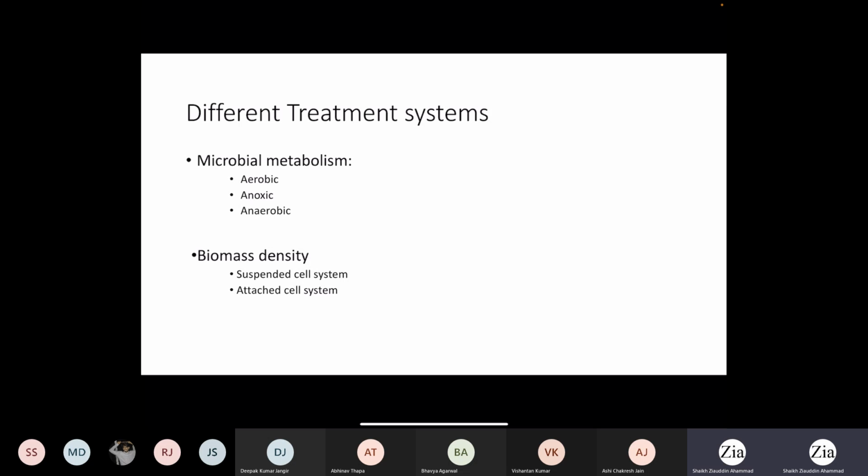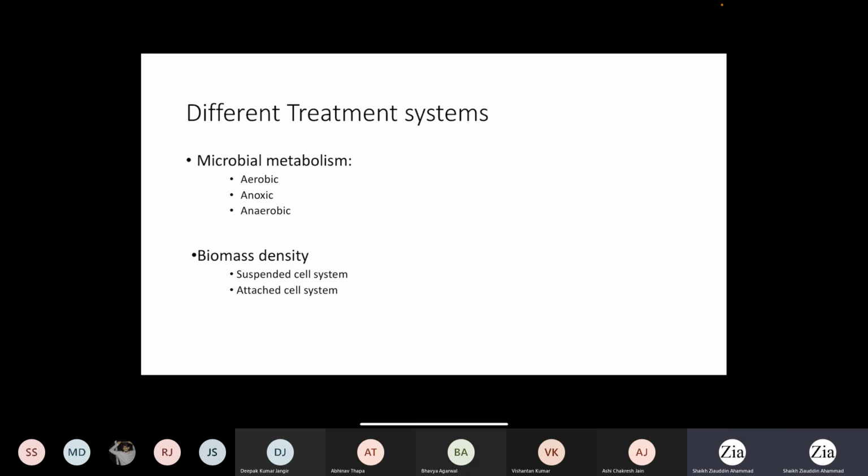To get this biomass concentration, you have the option to go for a suspended cell system, where you suspend all the biomass in a liquid, and another option is an attached cell system, where you have a certain carrier particle or support material on which the bacteria form a biofilm. The attached cell system has an advantage over the suspension system in terms of getting a higher biomass concentration in a given volume.